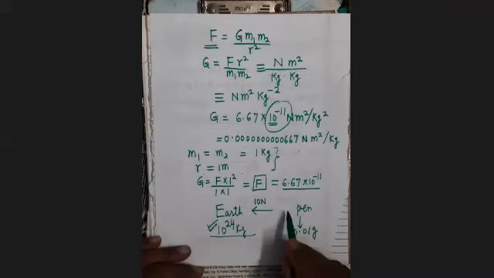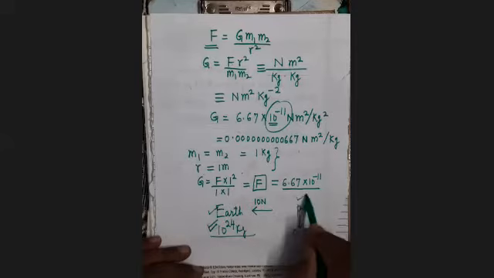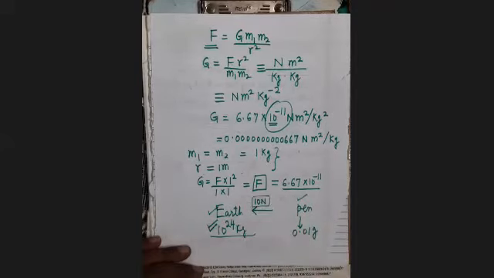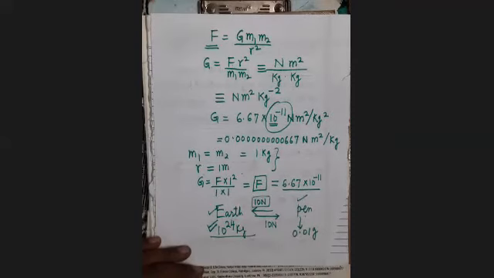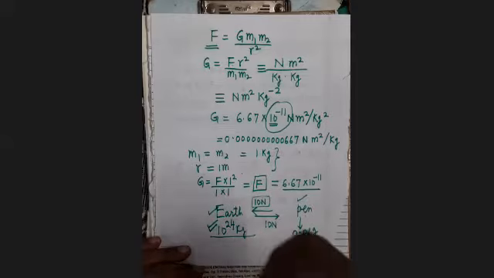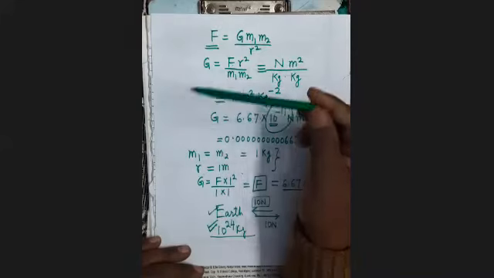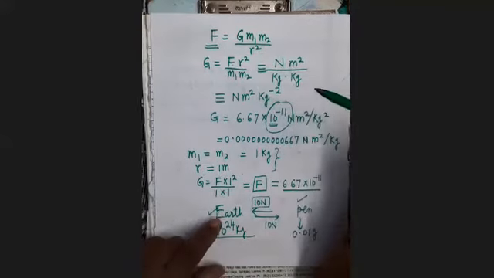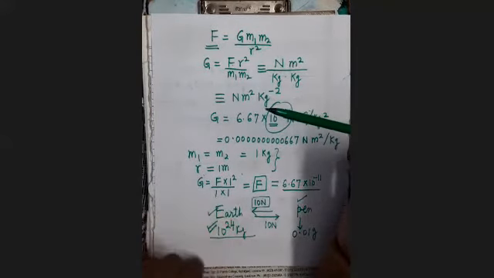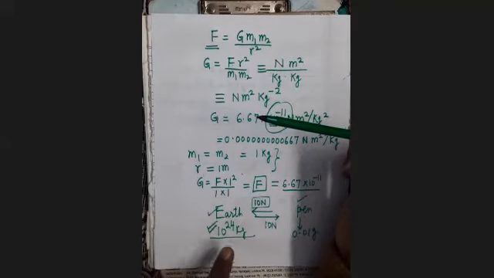Then what will be the force which the pen exerts on the Earth? If Earth is attracting the pen with a force of 10 Newton, then with what force will the pen attract the Earth? So by the same 10 Newton. But now it will act in this direction. And why? From Newton's law of action and reaction. It's clear. But this force of 10 Newton is very much sufficient for the pen because its mass is very small.